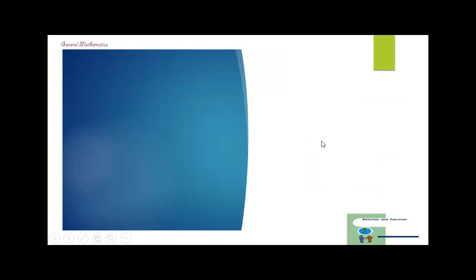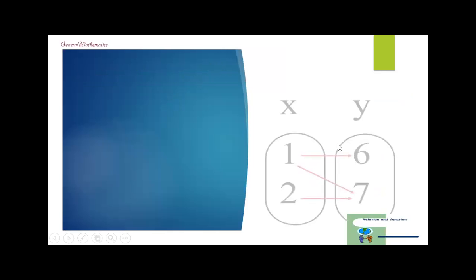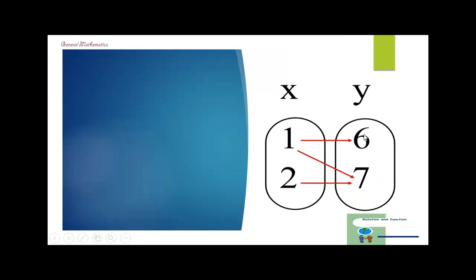Okay, so kindly identify if the given illustration is a function or relation. It is a relation because we have 2 y values, which are numbers 6 and 7. So 1 corresponds to numbers 6 and 7.